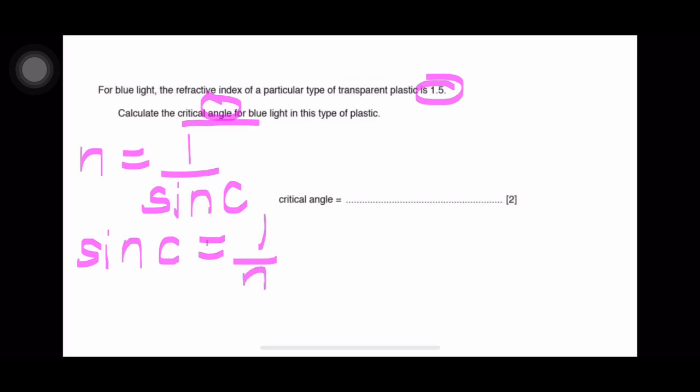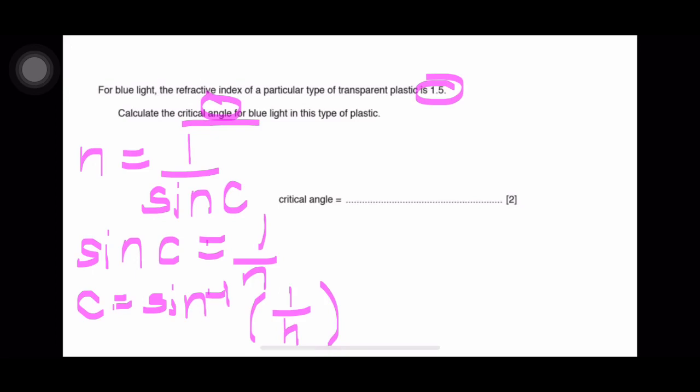And then since we're not going to find sine c, we're going to find c itself, the critical angle. So we're going to rearrange further: c is equal to inverse sine of 1 divided by n. Now you have to divide 1 by the refractive index first before getting the inverse sine.